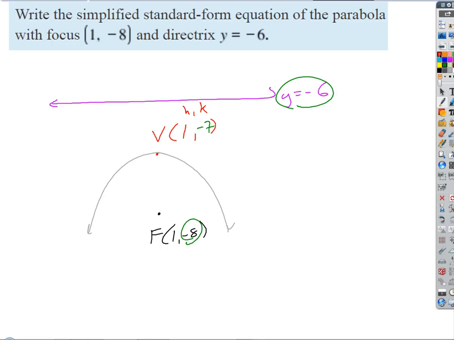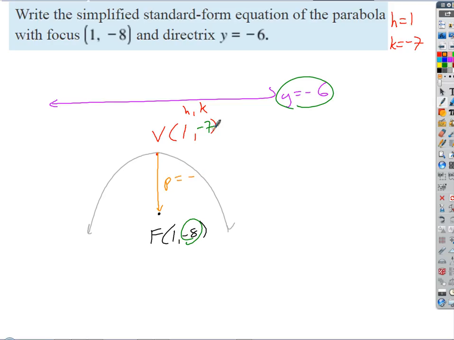So if we keep a running tally here, we know h is 1, k equals -7, and p is going to be the length of the vector pointing from the vertex to the focus, or the arrow. Well, that's pointing in the negative direction, so p is negative. And how far is it?